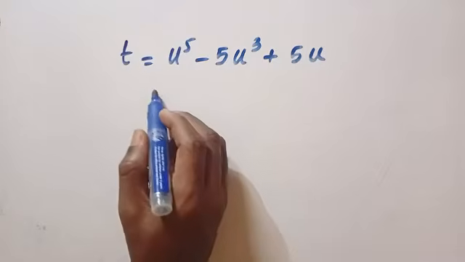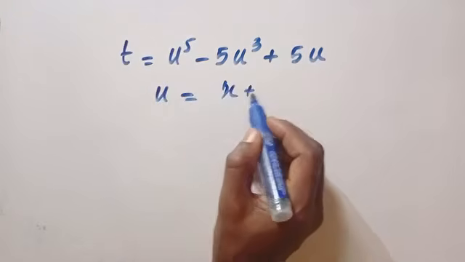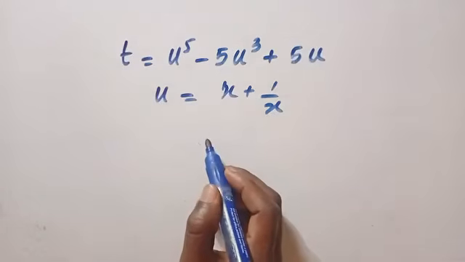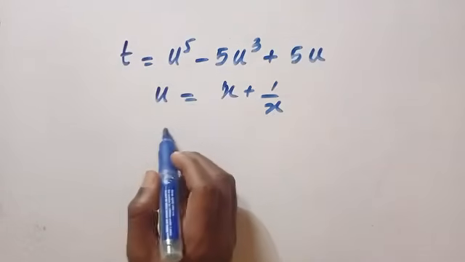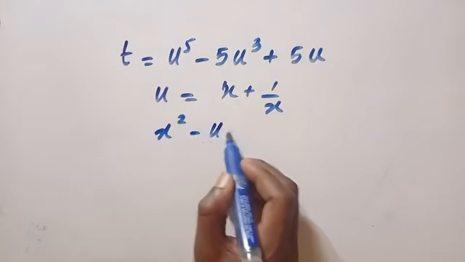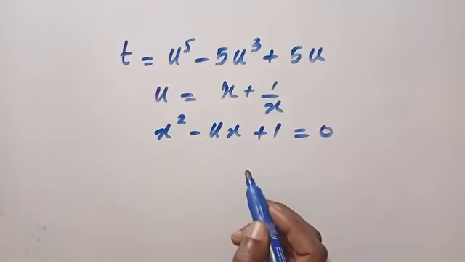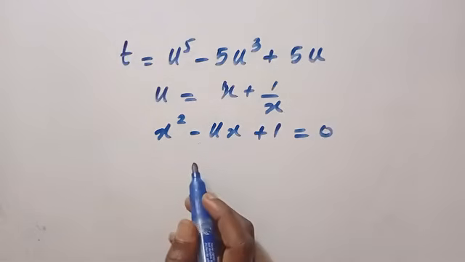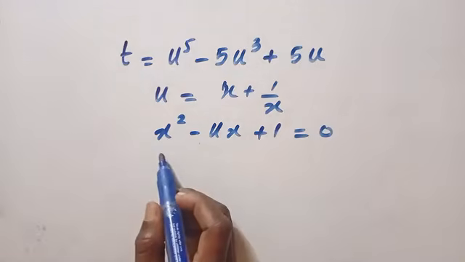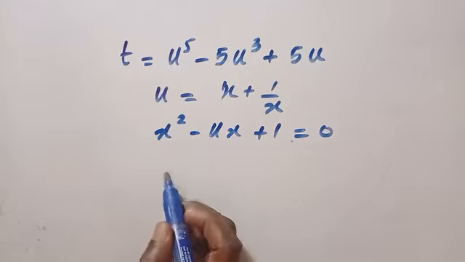But let's recall that from the beginning we let u equal x plus 1 divided by x. If I cross multiply, we get x squared minus ux plus 1 equals 0. With this, we are going to solve for the value of x.